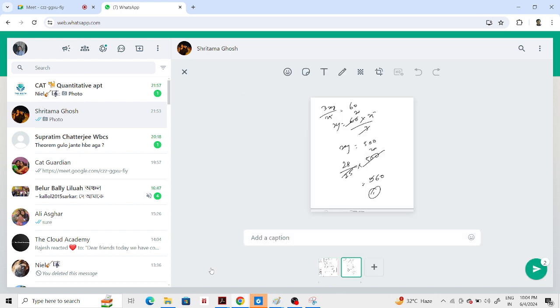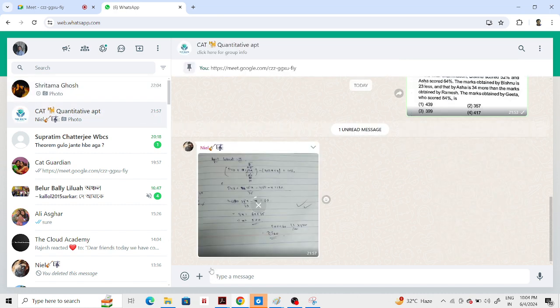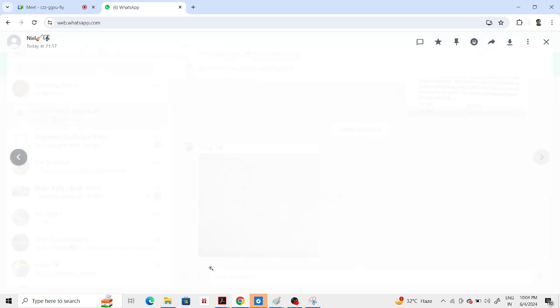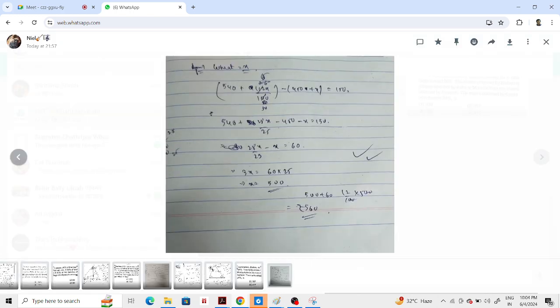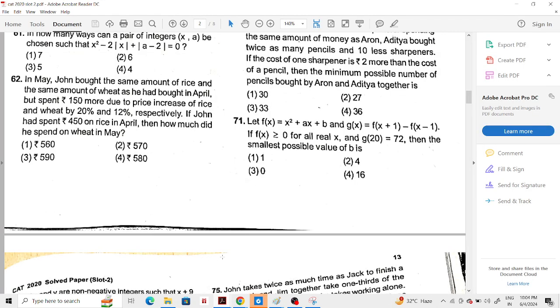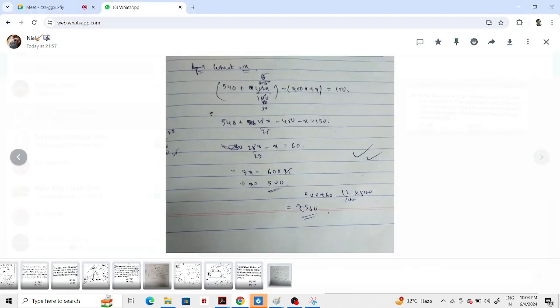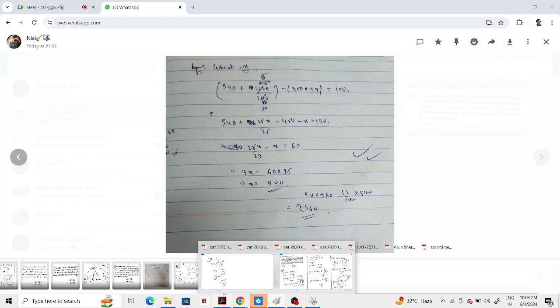Okay, now let us go through the process that Niladri has sent. Okay, if that is small, then you can definitely follow that as well. Okay, so Niladri has taken wheat as x, and then 540 plus, okay, 540.